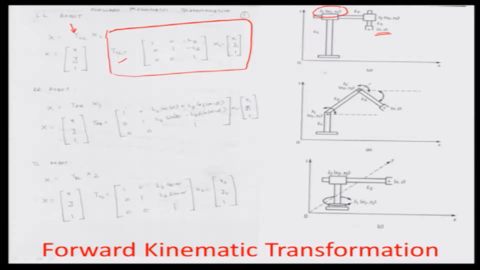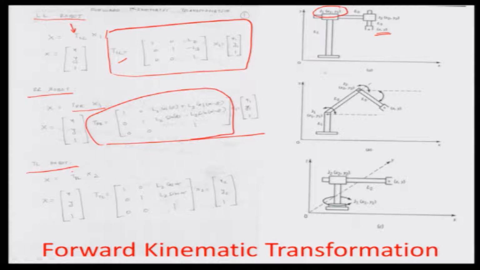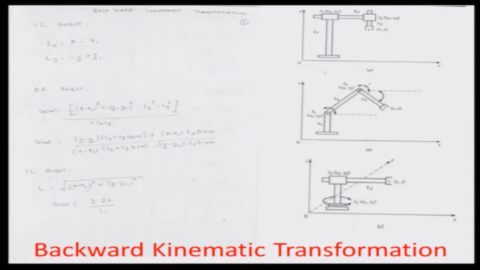Similarly, for the RR robot, the rotational robot, you have a coordinate transformation given by x equal to TRR times x1, where TRR is this particular matrix as we derived in the last step, and similarly for the TL robot. A similar transformation can happen in the backward direction if you know the end effector position vector and also the initial position of the joint J1.